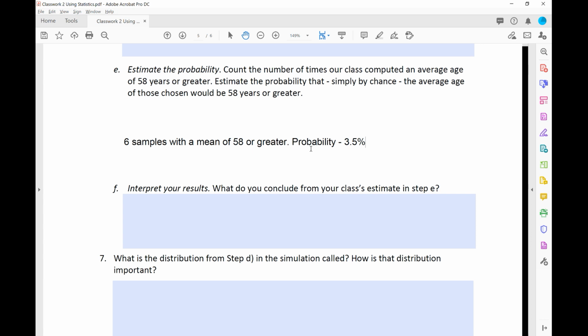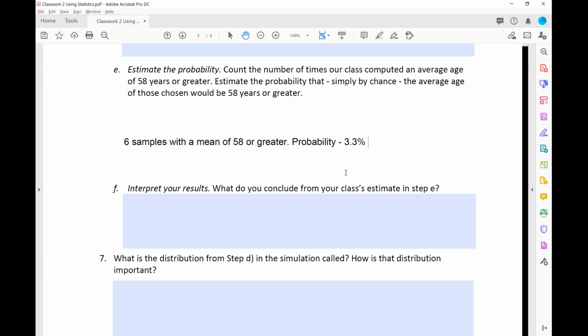I'm going to say about, we'll leave it without rounding it, but in my head, I'm imagining about 3.5%. So in the end, when we did this simulation over and over and over, only about 3.5% ended up looking like what really happened at Westvaco. So I would estimate this at about 3.5%.